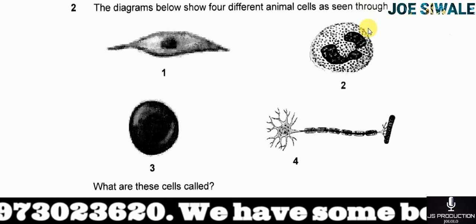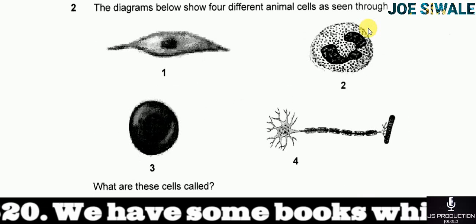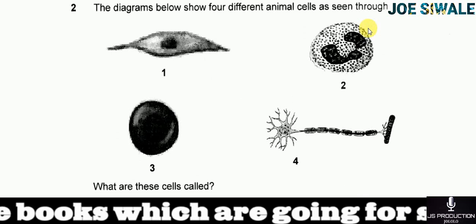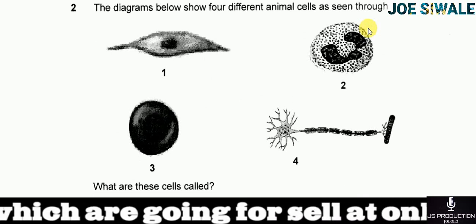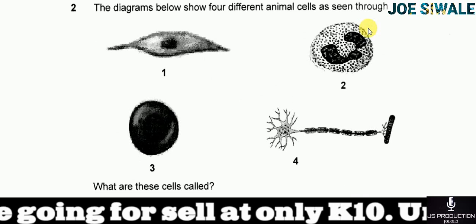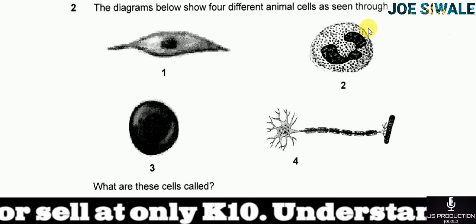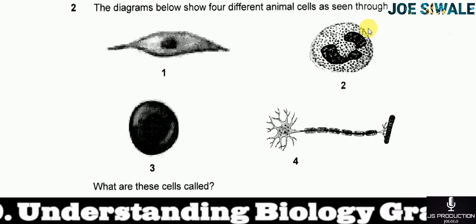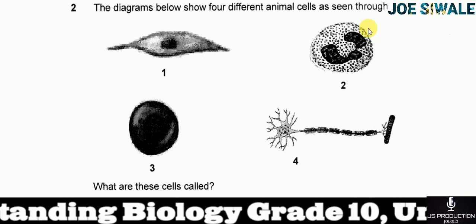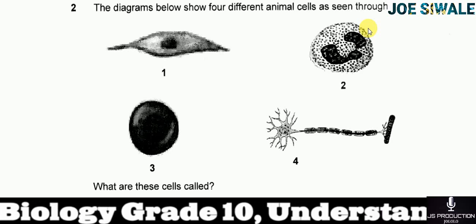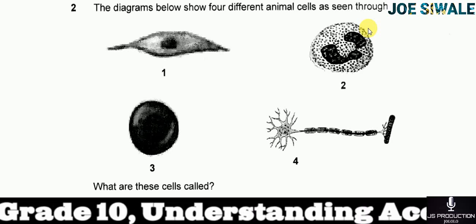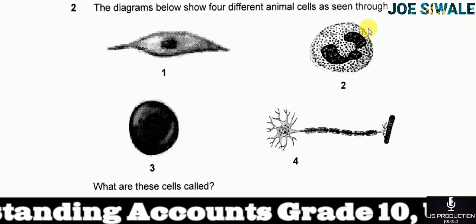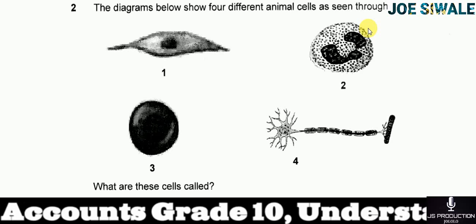Question 2 reads, the diagrams below show 4 different animal cells as seen through a microscope. So I have 1, 2, 3, and 4. So cell 1, that's the muscle cell. As you can see, it has the shape of a spindle, or it is spindle shaped. Then cell 2, that's the white blood cell, and that can be seen through its structure of the nucleus.